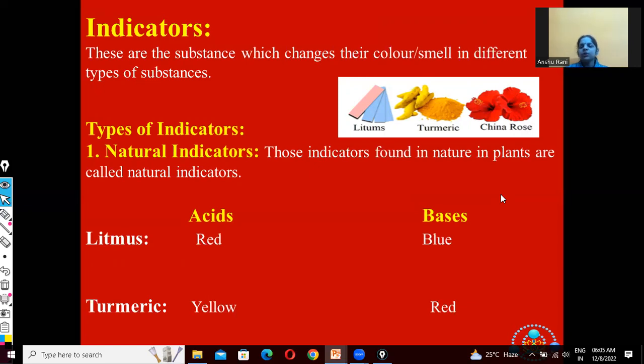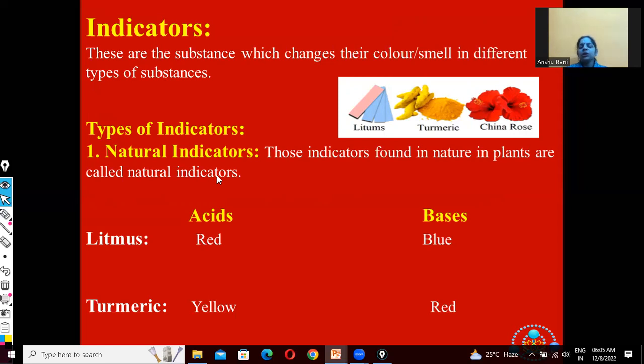When we wash it with soapy water, it gives a reddish orange color, which goes back when you dry it in the sun. That is an example of an indicator. Turmeric powder can be used as an indicator. It gives a reddish color in the presence of a base, like a soapy solution.